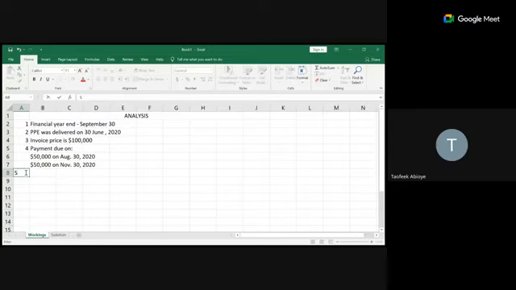Now let's move to information number 5. They give us the clearing costs and import duty. The acquisition unit, that one is in naira, 1,250,000.